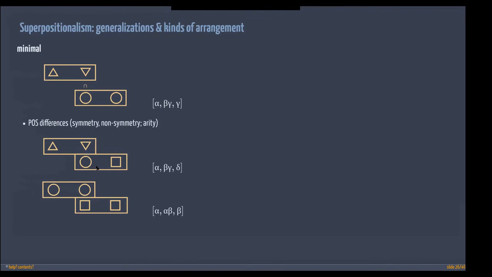And already here, we can draw all the distinctions that the positionalist does with regard to each layer. So we can have two binary relations where one is non-symmetric and one is symmetric, or two binary relations that are both non-symmetric or both symmetric. But there are a lot of arrangements based on this superpositionalist principle.